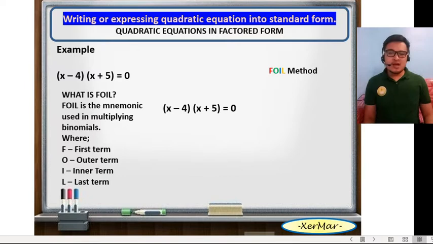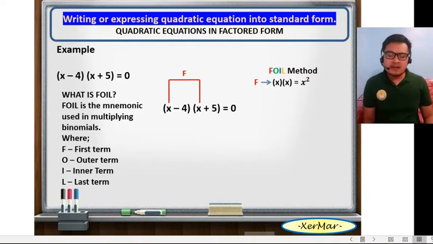For F, the first terms are x times x, which has the product of x squared. Next, O for the outer terms, x and 5. We multiply x times 5 equals 5x.